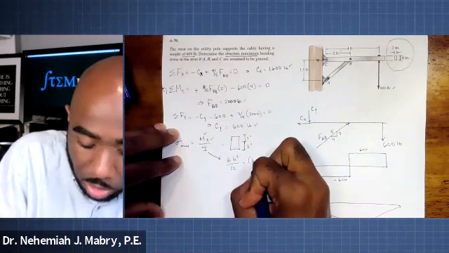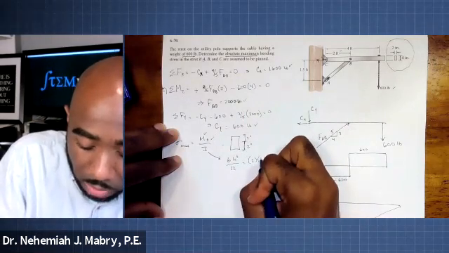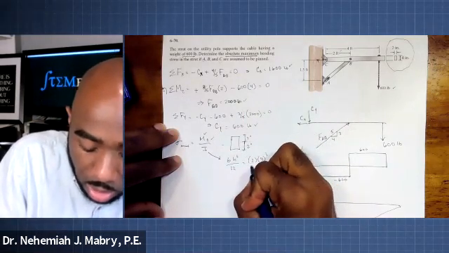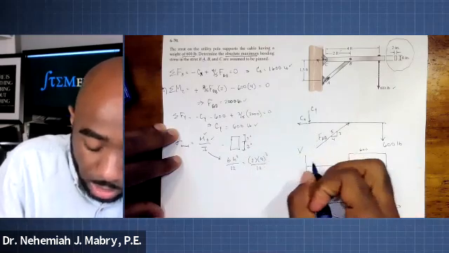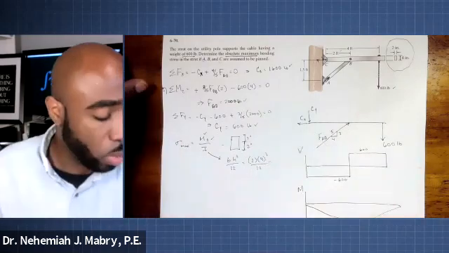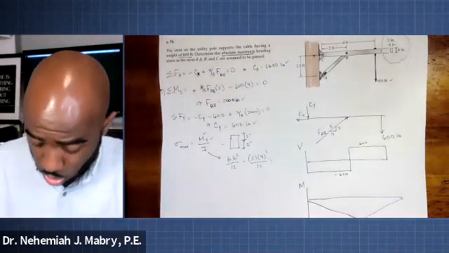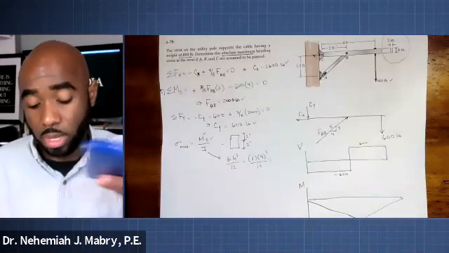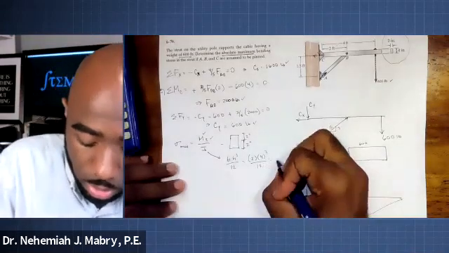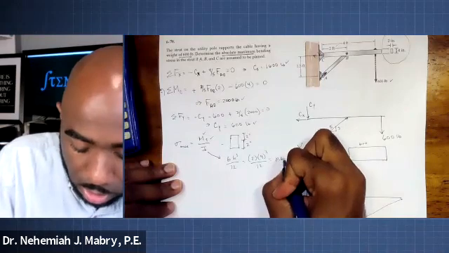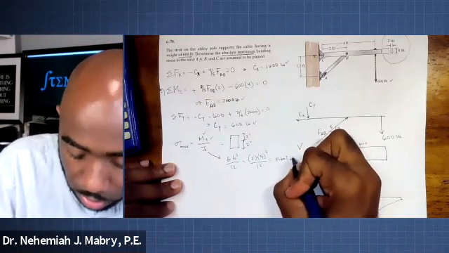Base is 2. Height is 4. And then 12 at the bottom. What is the value of that? 2 times 4 cubed over 12 is 10.667 inches to the 4th.